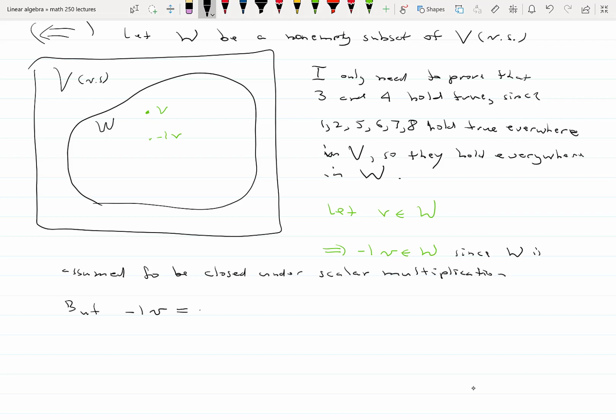We proved in the last lecture that that's the opposite of V. So that implies that the opposite of V is in there. That's really cool.